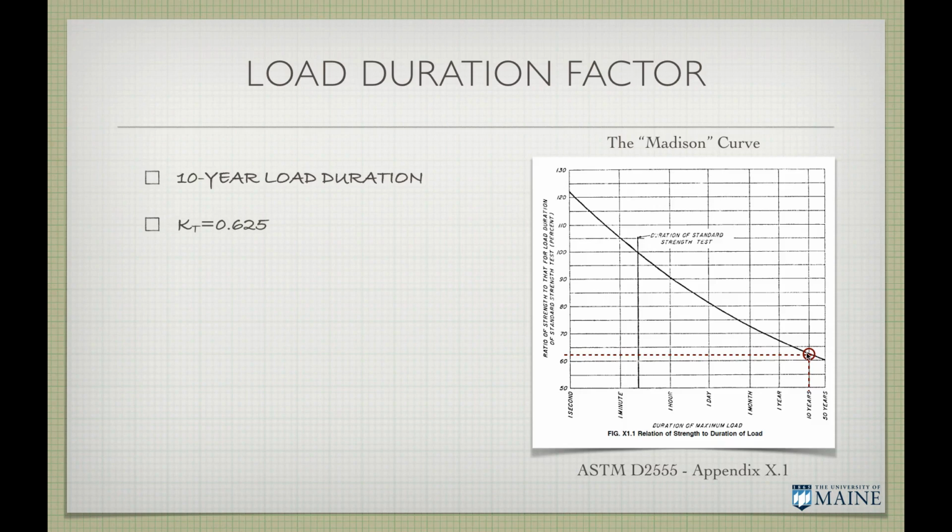It's assumed that those values have been adjusted to a 10-year load duration. Why? Wood is viscoelastic. This is characteristic of a viscoelastic material. That's a really big impact, that load duration behavior.